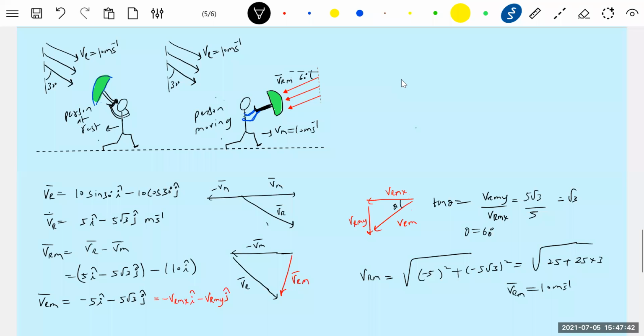When he is at rest, with what speed will the raindrops come and strike? 10 meters per second. So when he is moving also 10 meters per second. How is it possible? The conditions are like that. Try to see. So what should we call this speed? The speed of the raindrop with respect to the man, meaning with this speed the raindrops will come and strike the umbrella.